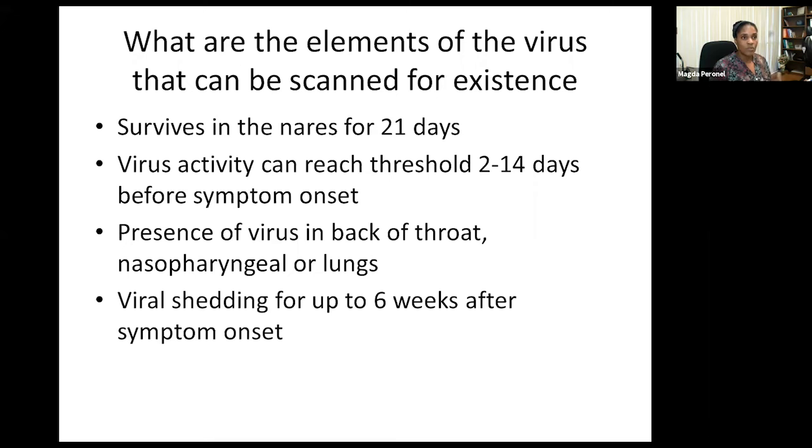So we have seen with some of the COVID cases in the US that even though people will recover because they have 2 negative tests, they will report that it'll take them 4, 5, or even 6 weeks to start to feel normal again, to start feeling like they can go up a flight of stairs. And we understand that because the virus is still active, but it's not at the level where it is causing sickness.